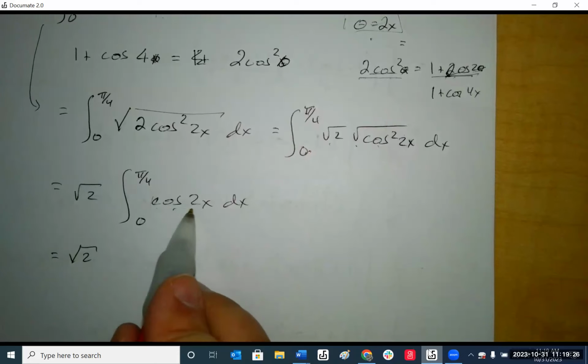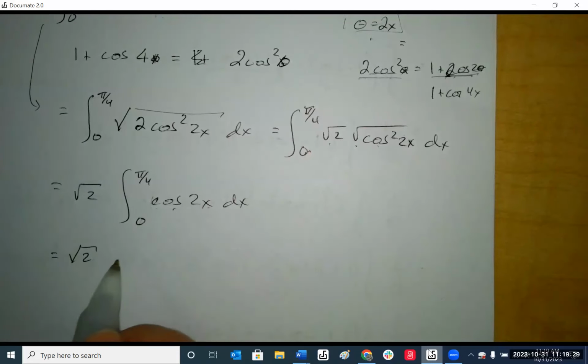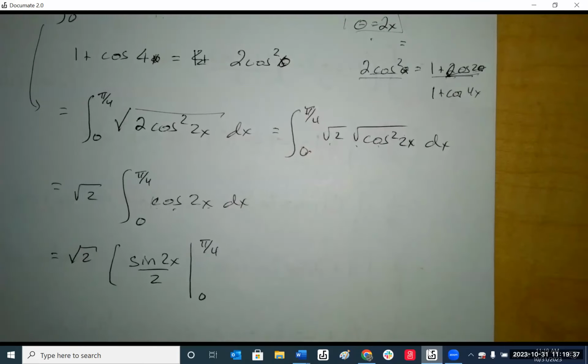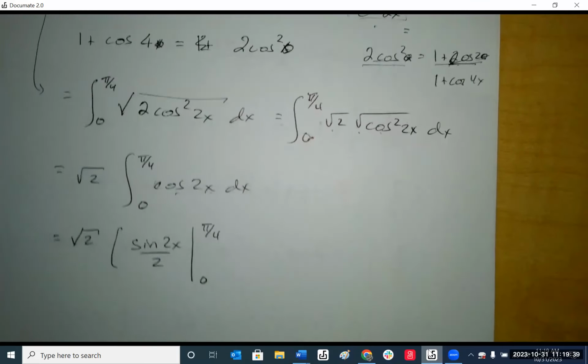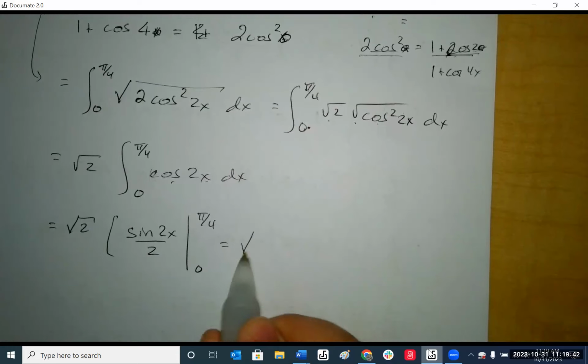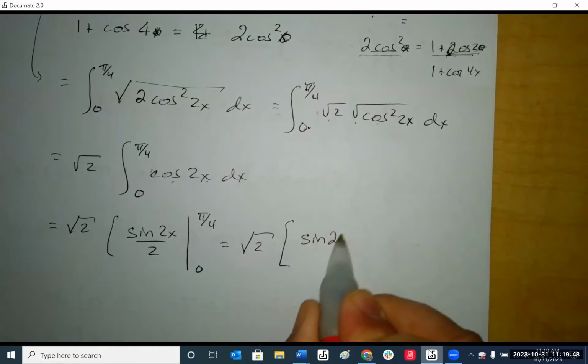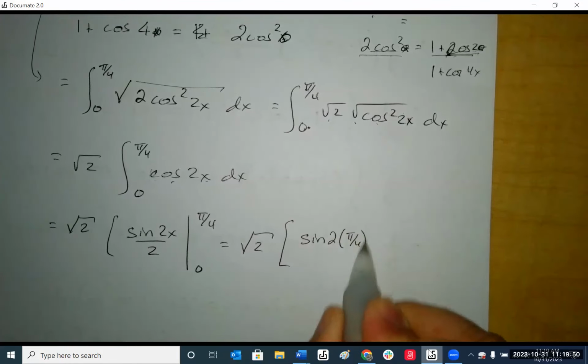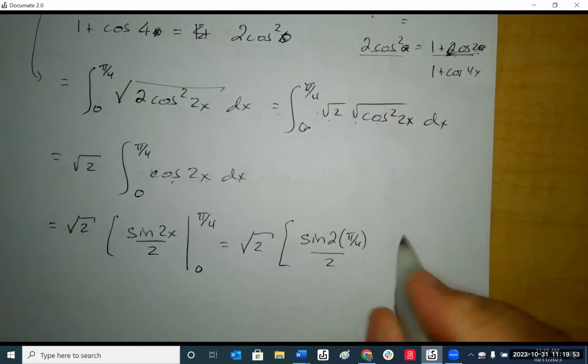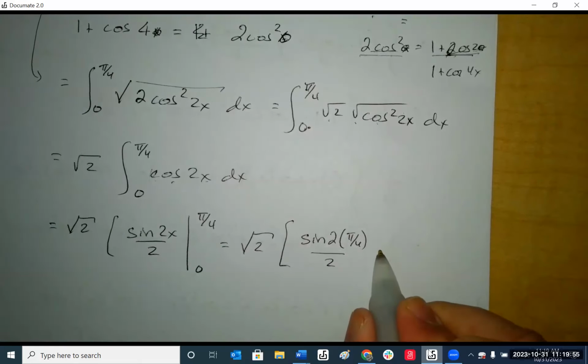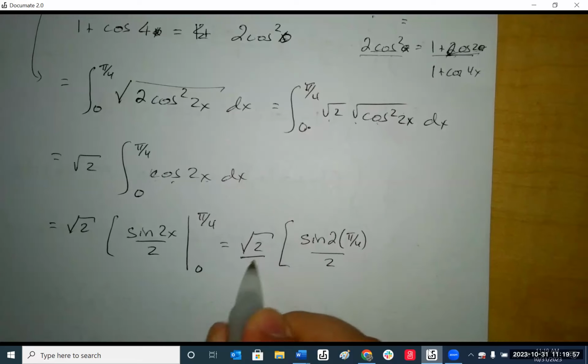The integral of cosine 2x is sine 2x over 2 from 0 to pi over 4. Sine 2 times pi over 4, over 2. I'll take that out there.